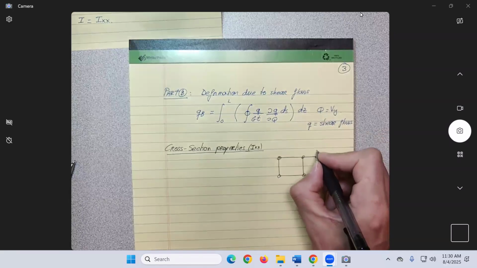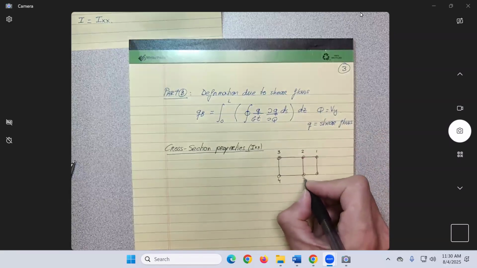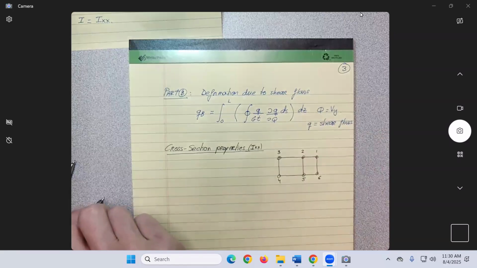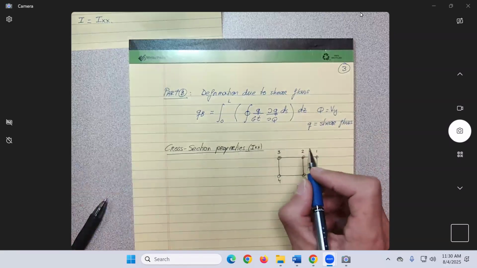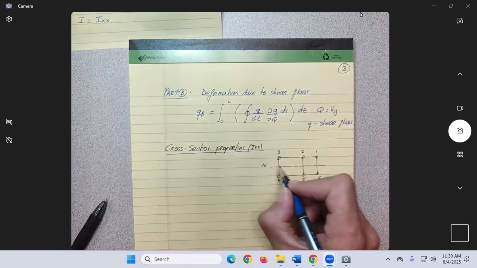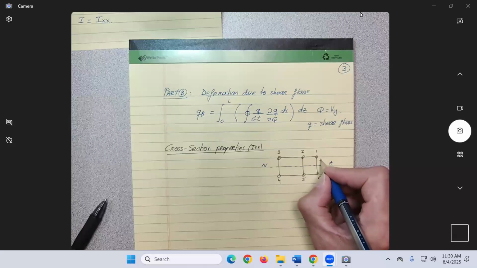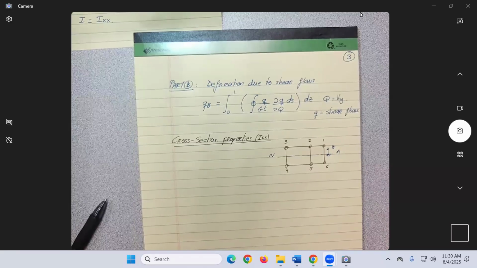Let's see what do we have. 1, 2, 3, 4, 5, 6. This would be the natural axis from where the y are calculated.